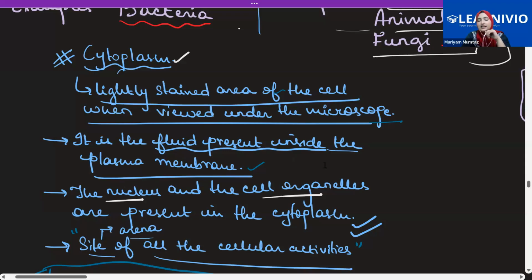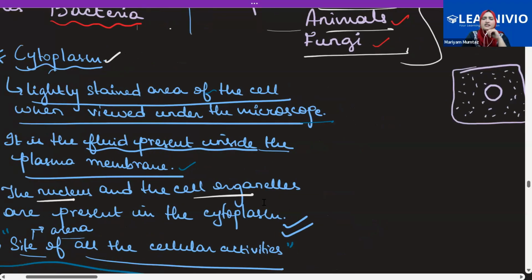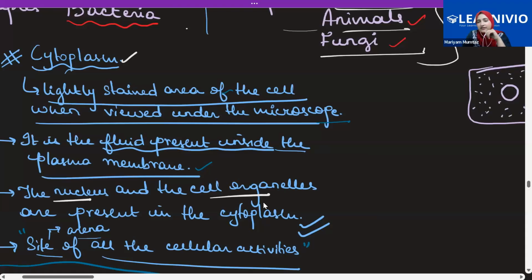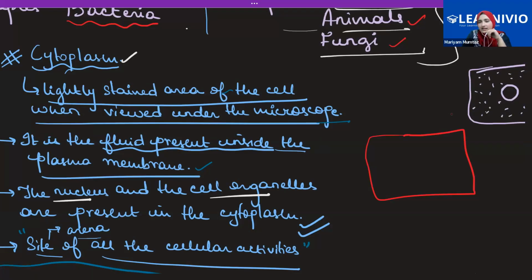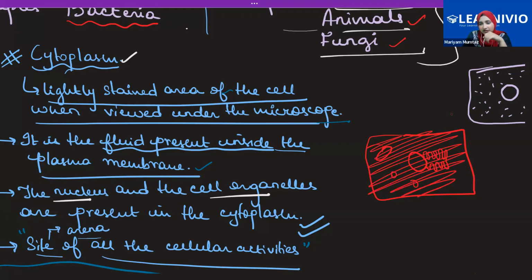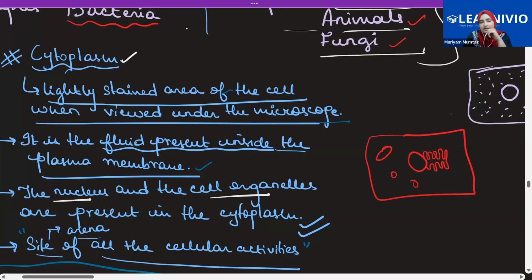Now, the nucleus and the cell organelles, every single component of the cell. For example, if this is a cell, inside the cell there is the nucleus, mitochondria, ribosomes, endoplasmic reticulum. All of these we will be studying, but these are the cell organelles. All of these structures are embedded in this fluid-like structure present all around in the cell, which is called the cytoplasm.